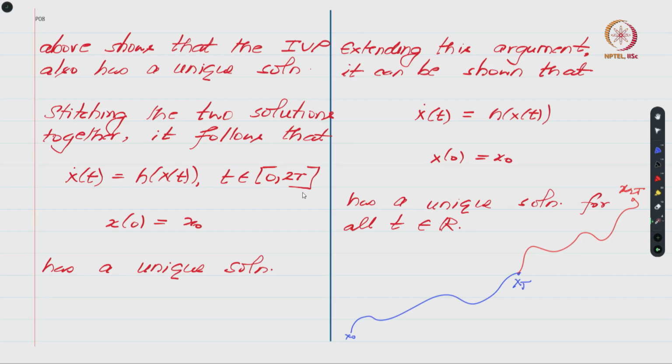By extending this idea both on the positive time axis and the negative time axis, one can conclude that there is a unique solution to this IVP for all t in R. And with that we can conclude the proof of this theorem, which now guarantees that as long as your h function, which can be viewed as the driving function of your ODE, is Lipschitz continuous, your initial value problem will indeed have a unique solution. So with this, let us end today's discussion. Thank you.